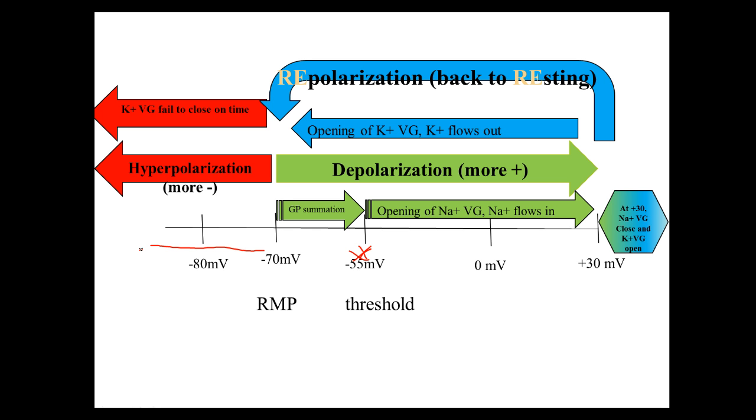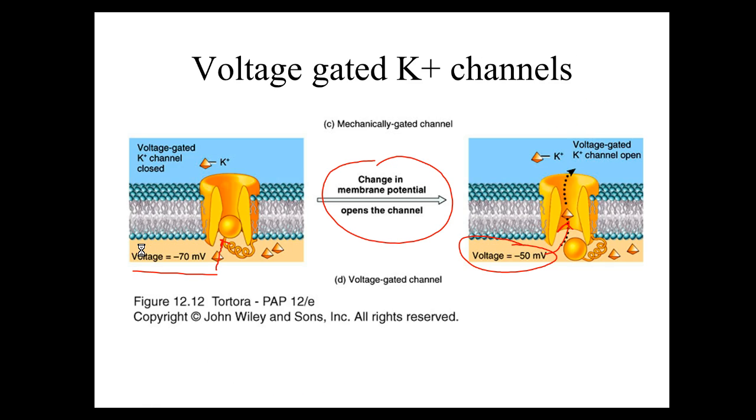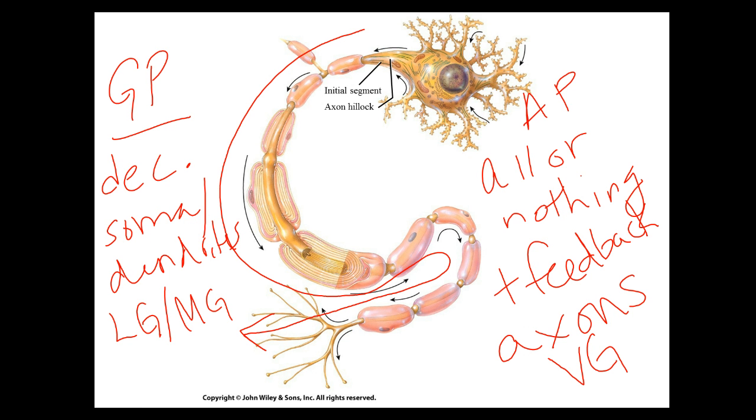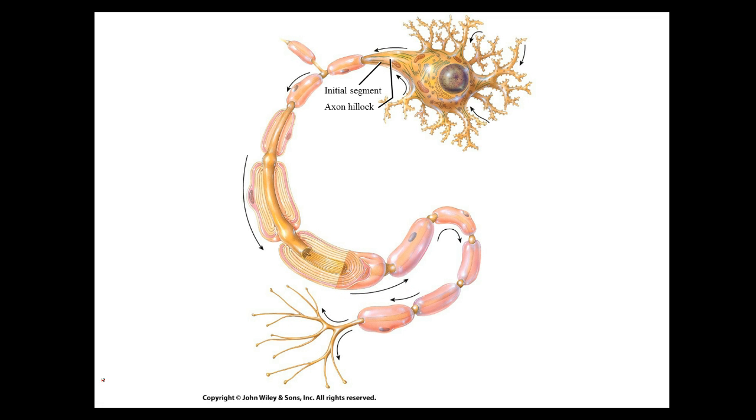And these events occur over every single segment of the axon. So again, I'm going to go back to this picture up here. Let me clear the writing on it. Each segment of the axon that's not covered by the myelin sheath has to go through depolarization, repolarization, and hyperpolarization.